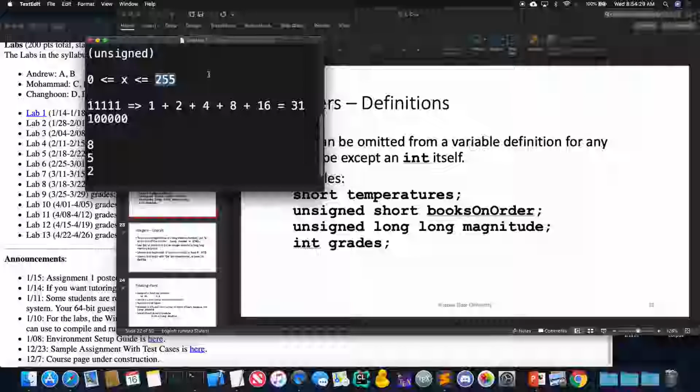Whether data on a computer is read from left to right or right to left depends on the architecture you're working with. The vast majority of computers read from left to right, just like a normal number. So the most important bit is the one on the left, and the least important bit is the one on the right.